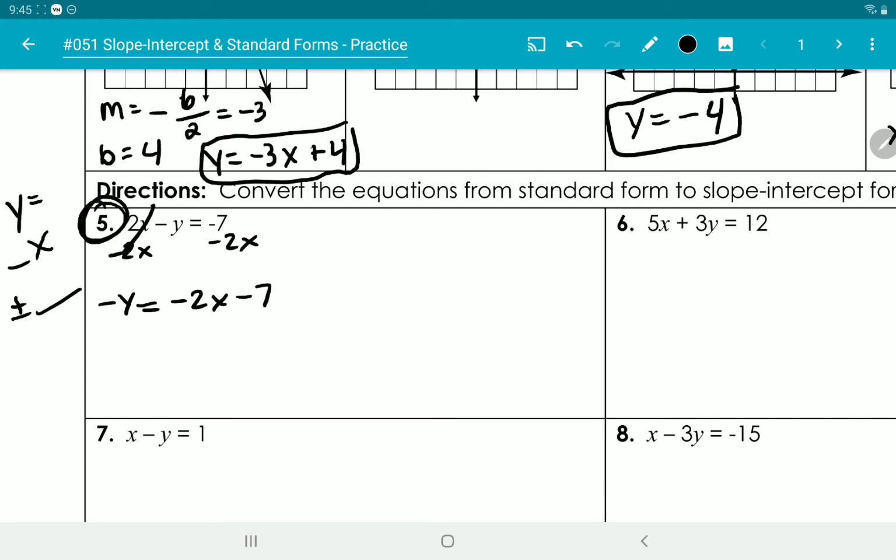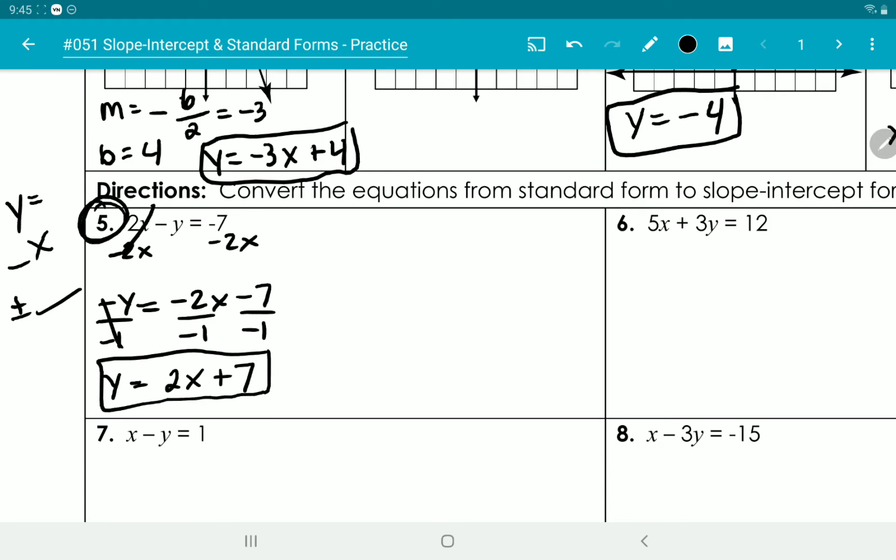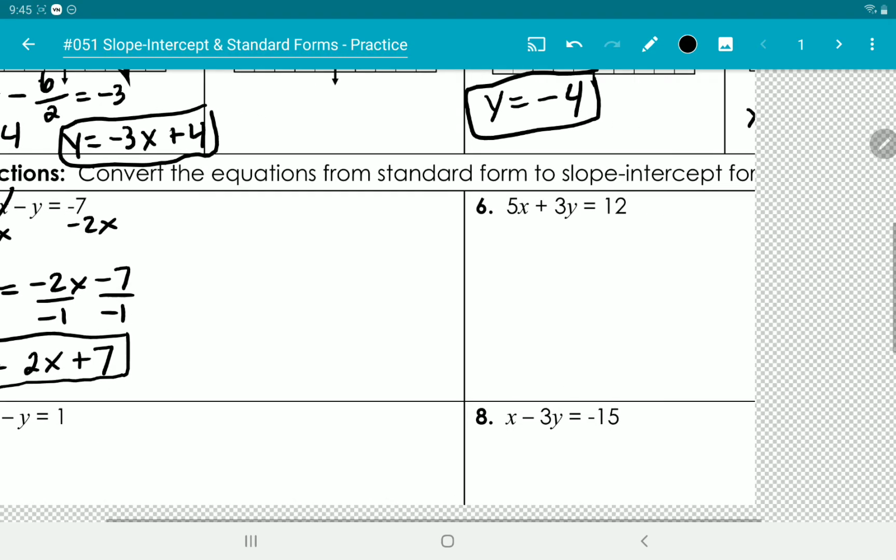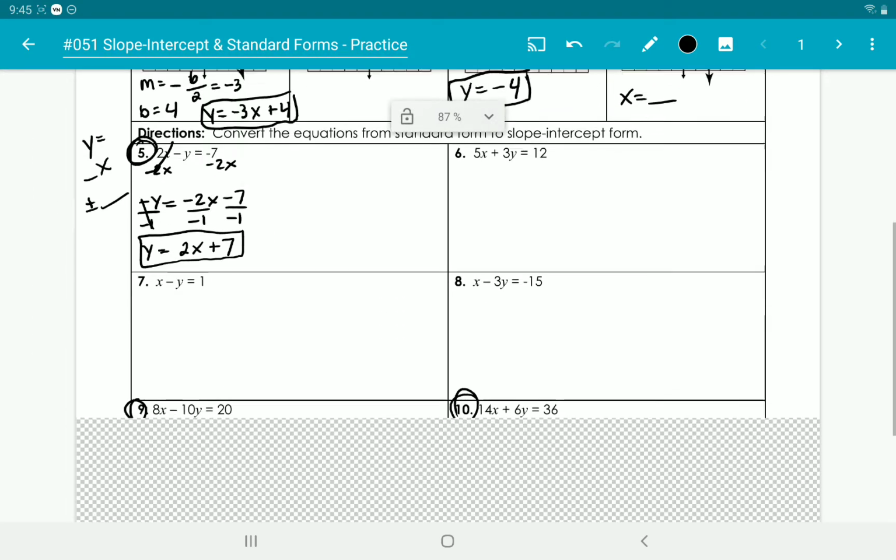I'm going to keep the minus 7. We're dividing by negative 1. That's the coefficient on y, whatever is being multiplied by y. And that's just going to change the sign on all of them, giving us y equals positive 2x plus 7. Okay, so we have y equals something times x plus another number. And that's all we're trying to get to.